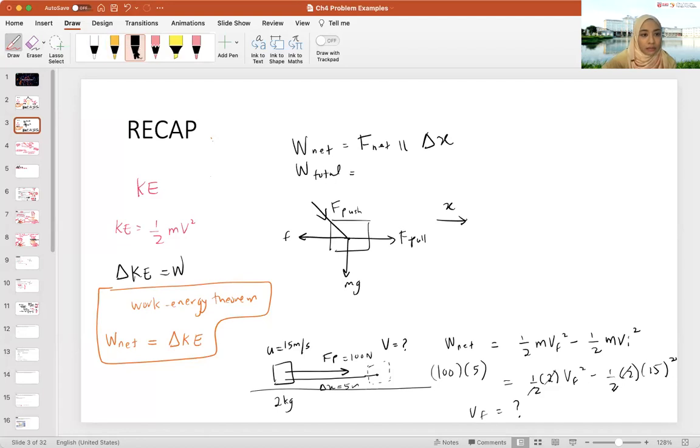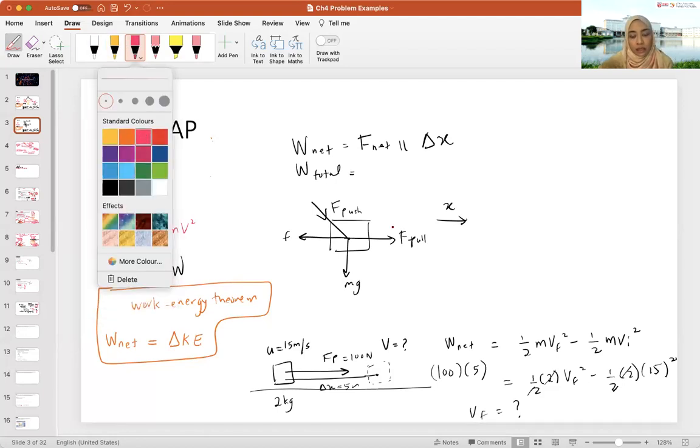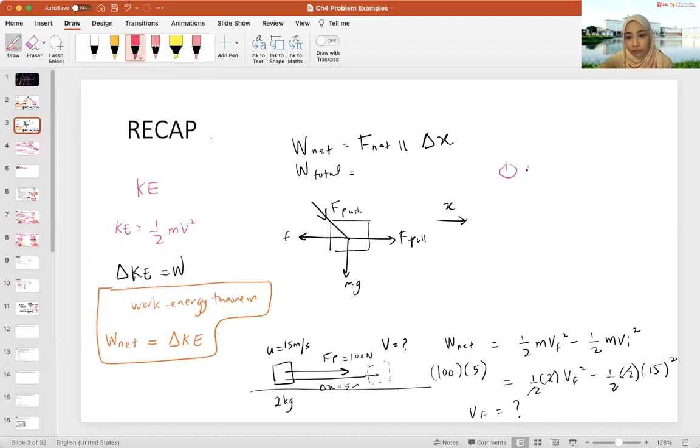So the way that I can find out what is the net work done is, first method is finding all work done. Finding all the work done for each force. This is one approach of doing it. Another approach that you can do is finding the F net that is parallel to your X. You would get the same answer for these two guys.